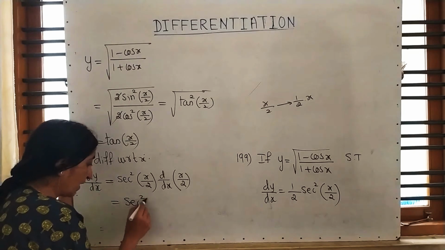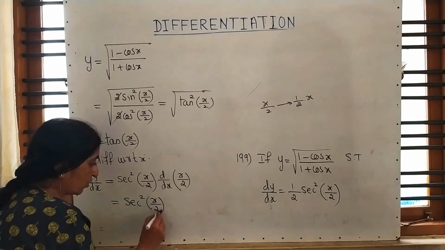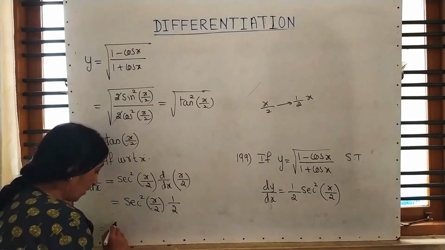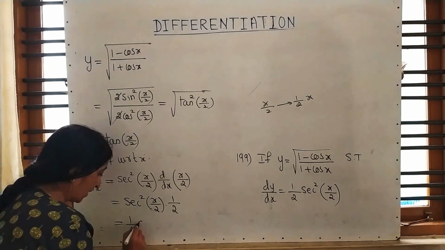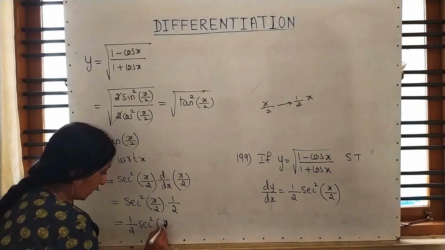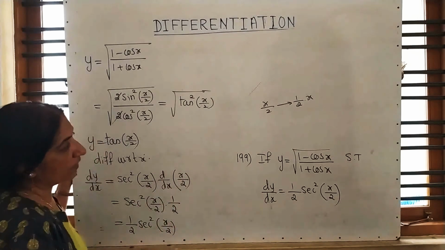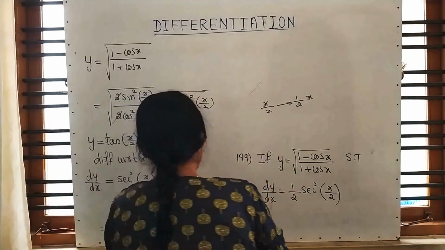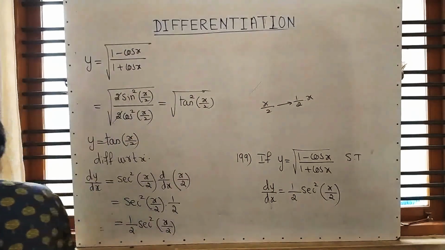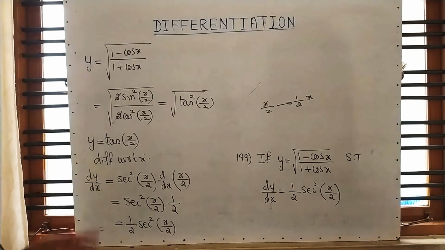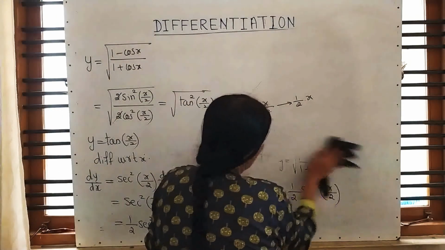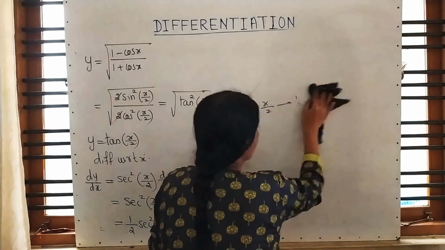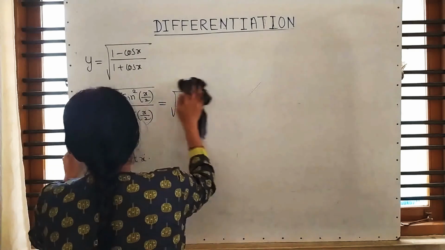That means finally we got the differentiation as 1 by 2. When you rearrange, you will get like this. Correct? See, that is the required answer. Otherwise, as we did in the previous examples, you can solve by that method. We can apply that method, and further you have to simplify. Then only we will get the answer.